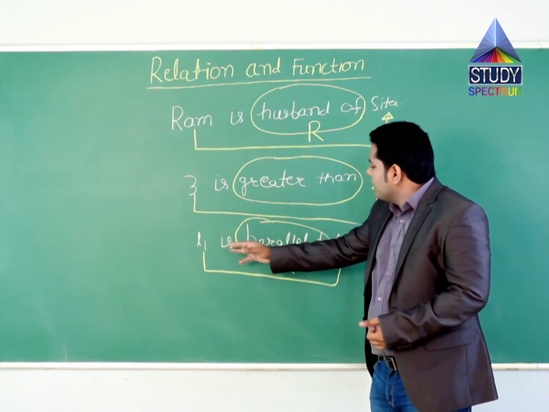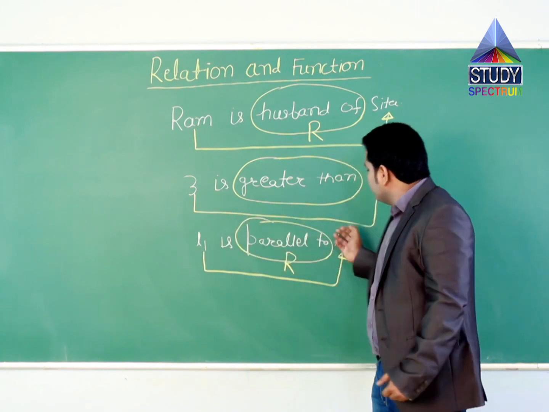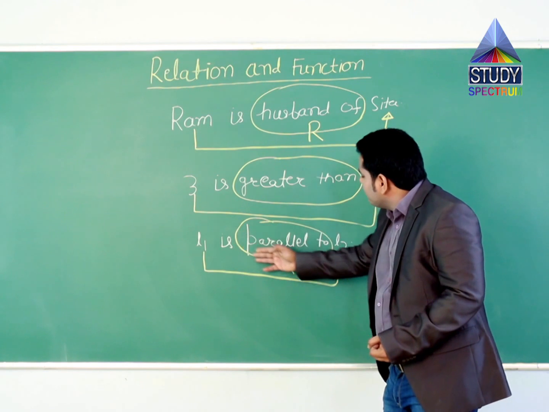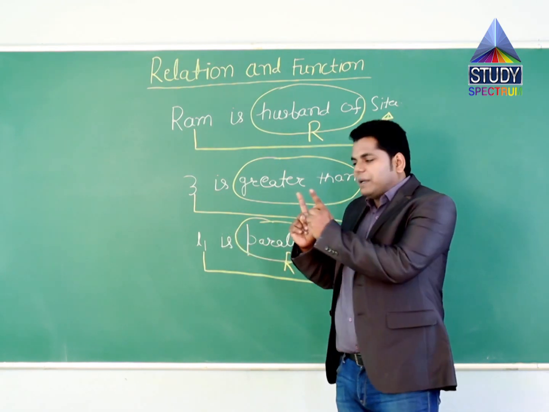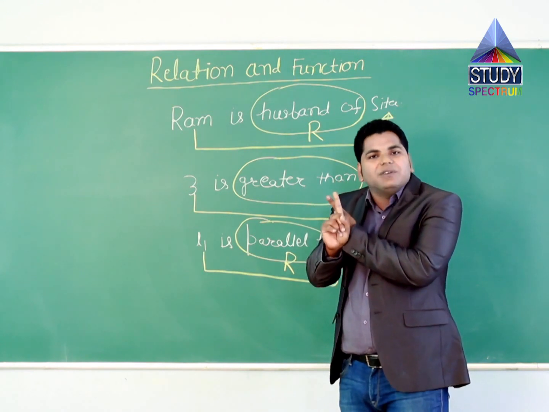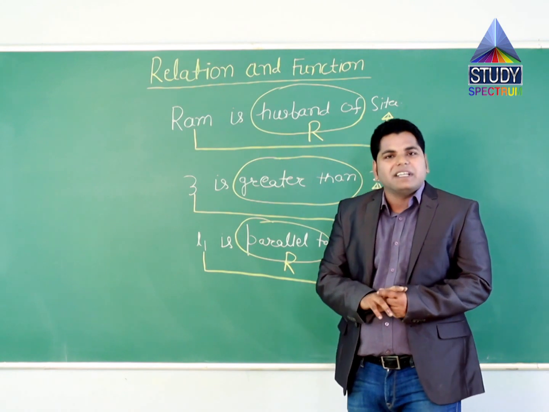At last, L1 is parallel to L2. If you take L2 here and L1 here, then it will be the same relation, parallel to, because if L1 is parallel to L2, then L2 will also be parallel to L1. This type of relation is called a symmetric relation.